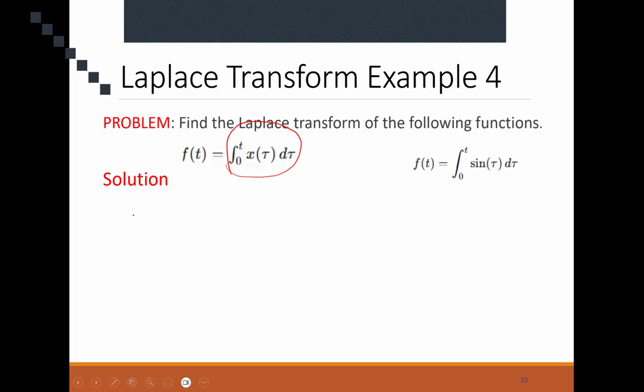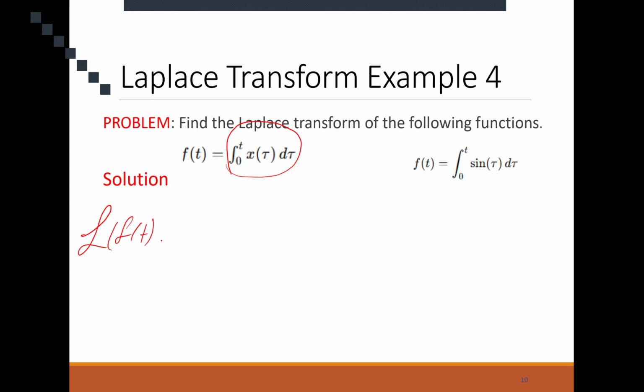The Laplace transform of the integral of that function is going to be the integral from 0 to infinity of the integral of x of tau d tau from 0 to t, and all of it dt. Okay?